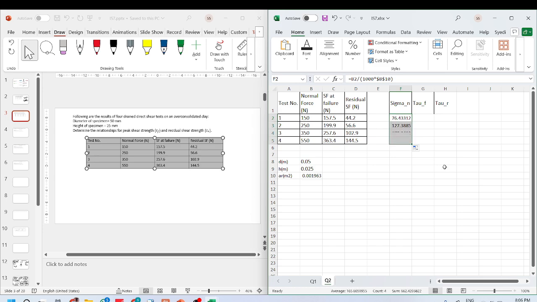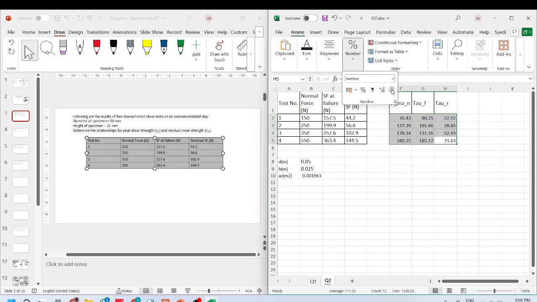So this will be for shear force, this will be for this thing. Okay, so these are the values.